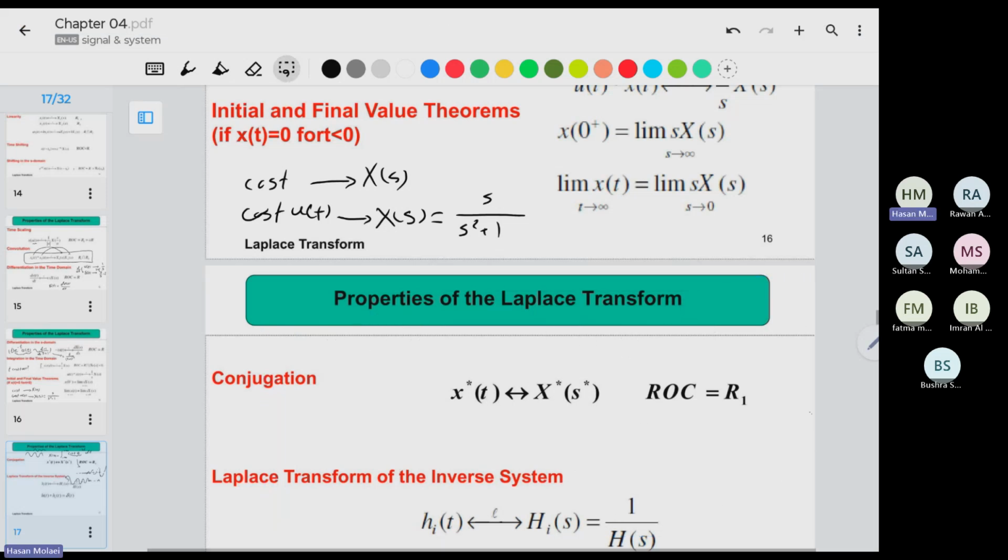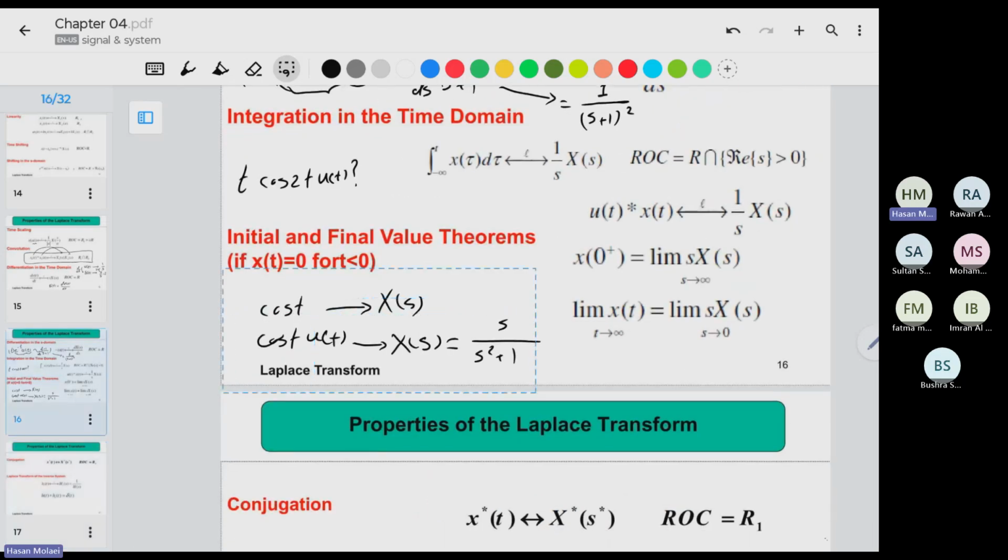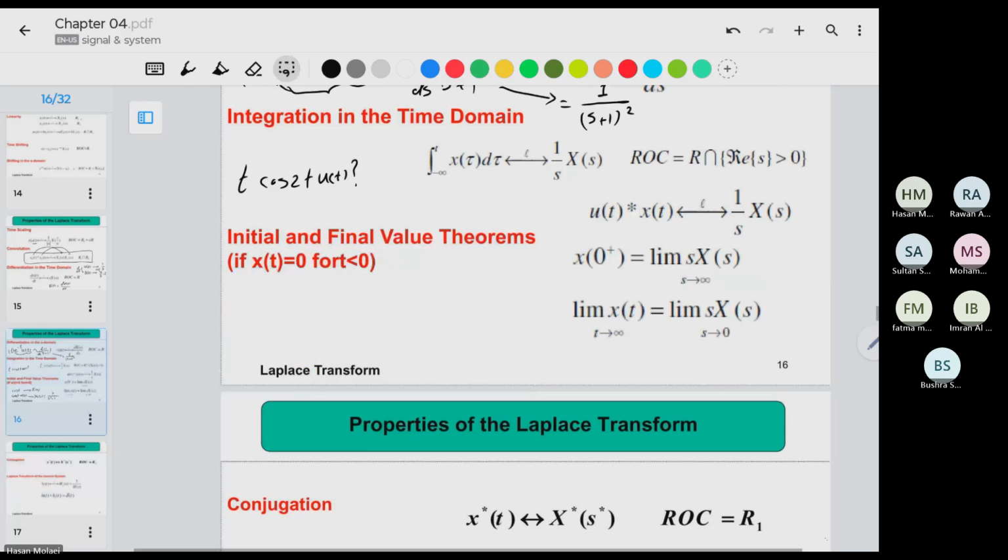Okay, now go back here. We are looking for the Laplace transform of this one.